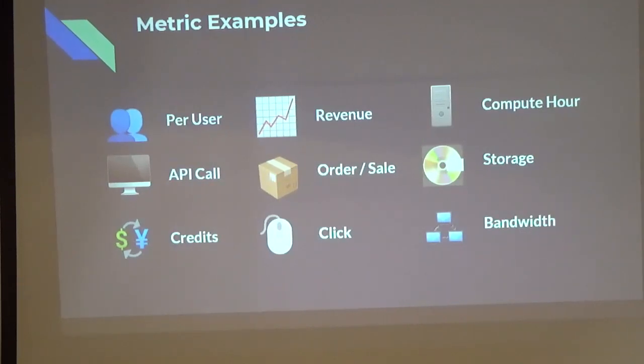Number of orders or sales that you complete through their system. Number of clicks: this is for advertising, which are also cloud products, web-based or mobile-based advertising. Click-through rates, they will charge per X click-throughs. Number of compute hours, storage, bandwidth: these are all infrastructure type metrics. You'll see, again, your popular cloud computing resources, AWS, Azure, Google Cloud.